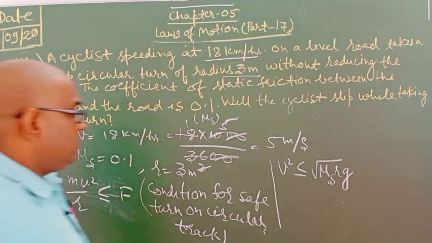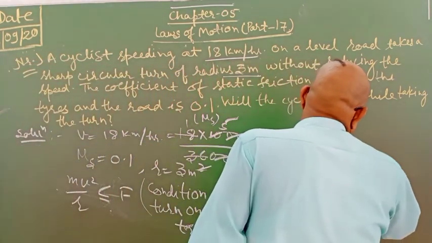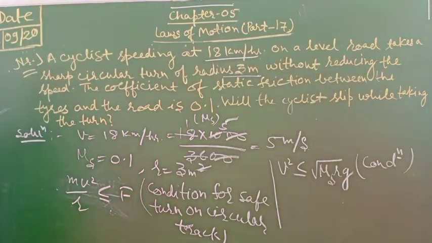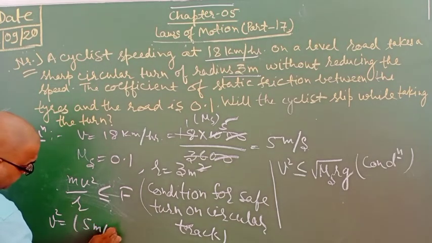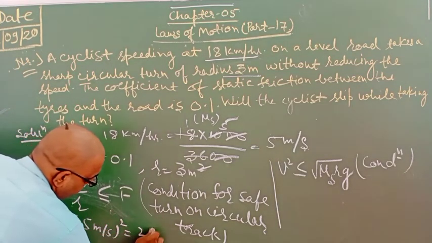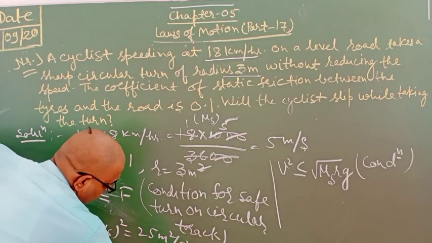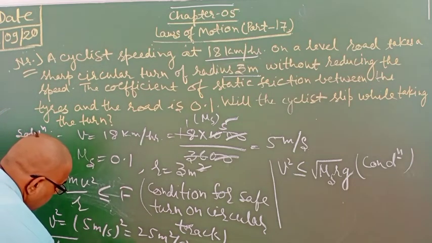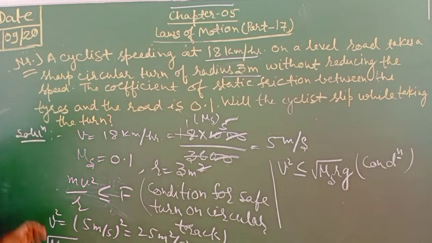So this is the condition here. So we have calculated v square, which is 5 meter per second whole square, that is 25 meter square per second square. And now we have to calculate the value of mu s r g, with mu s equal to 0.1.